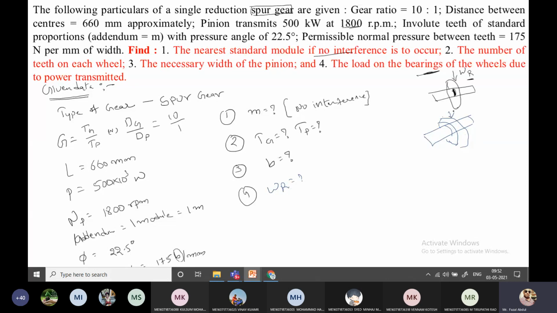Because of this load applying, the load is distributed on the entire wheel. Because of that, pressure is created at the contact between the shaft and the gear surface. Whatever load we can find in this area, that load is known as the load on a bearing.